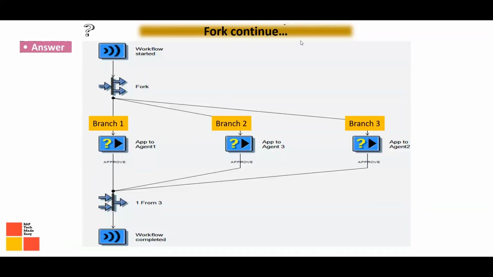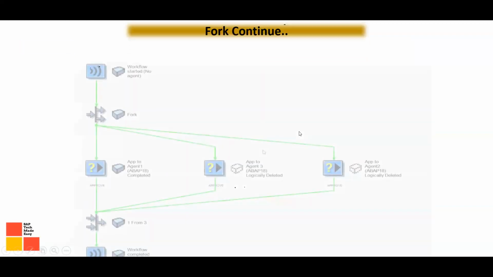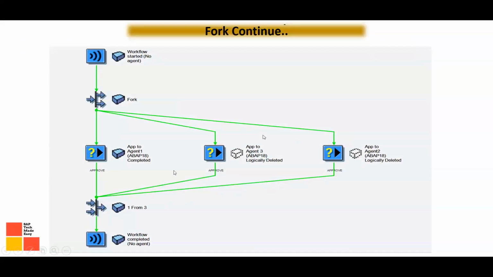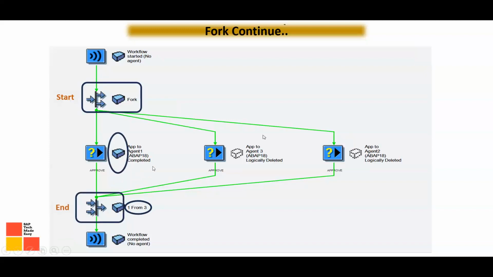If any one of the approvers approves, let's see, say the first approver got approved, the status will be set as completed, but the remaining 2 branches, these will be logically deleted.